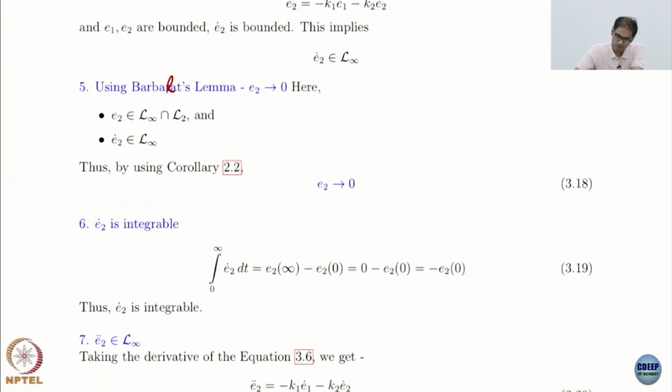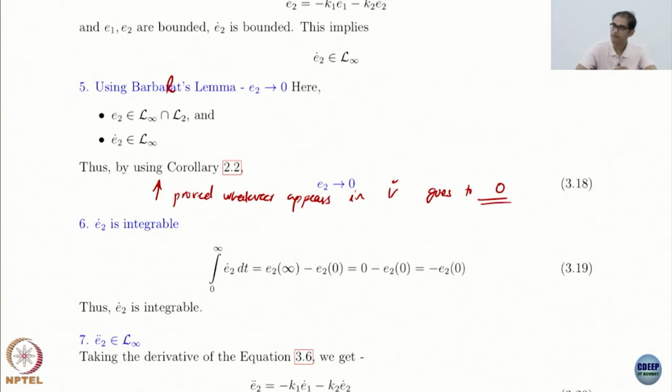Until here we proved that whatever appears in V dot goes to 0. Now, in order to prove that the rest of the states go to 0, I will start by proving the derivatives of all these quantities go to 0. So I want to prove E2 dot goes to 0. How do I do that? I will apply the original Barbalat's lemma.